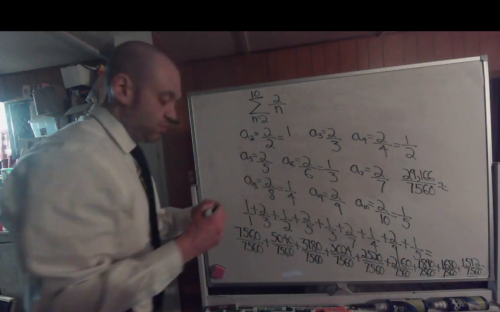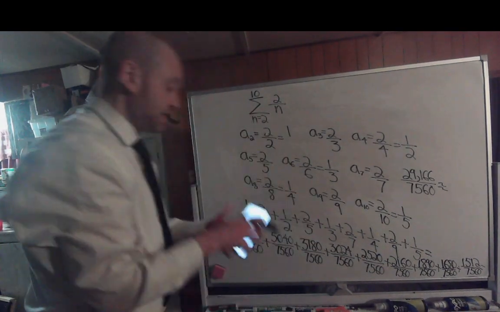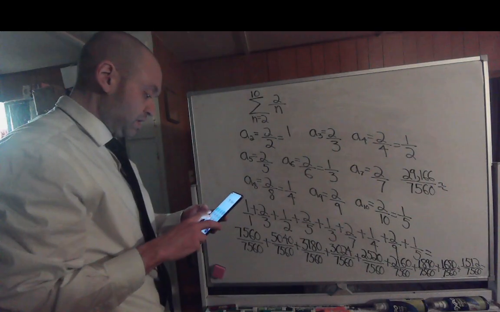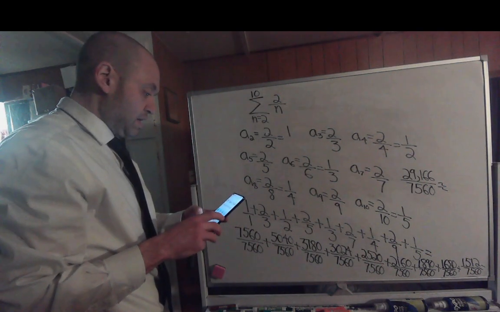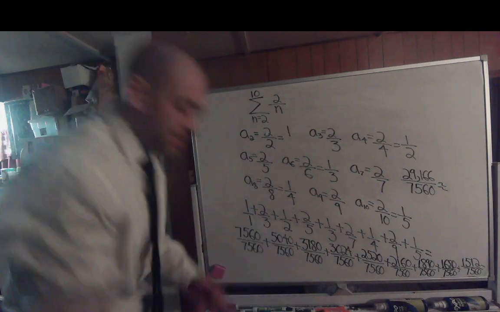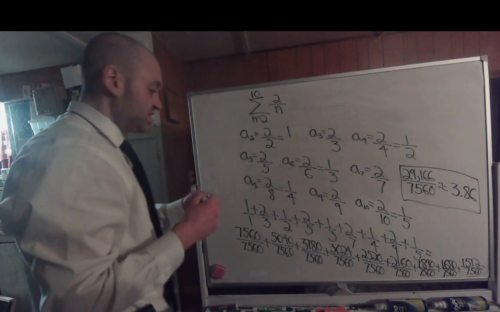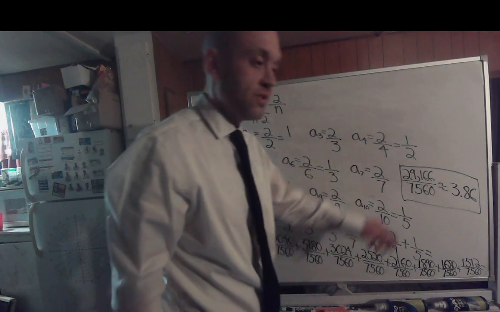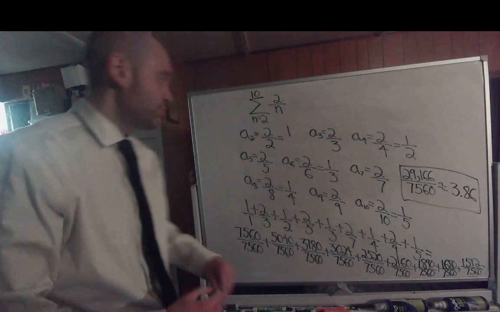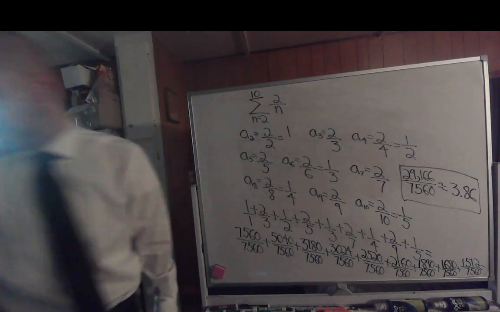That would be your sum. Which we're going to convert into an approximate decimal. To 2 decimal places, that's approximately 3.86. So you get the answer 29,166 over 7,560, which is approximately 3.86. That would be the sum of this series.